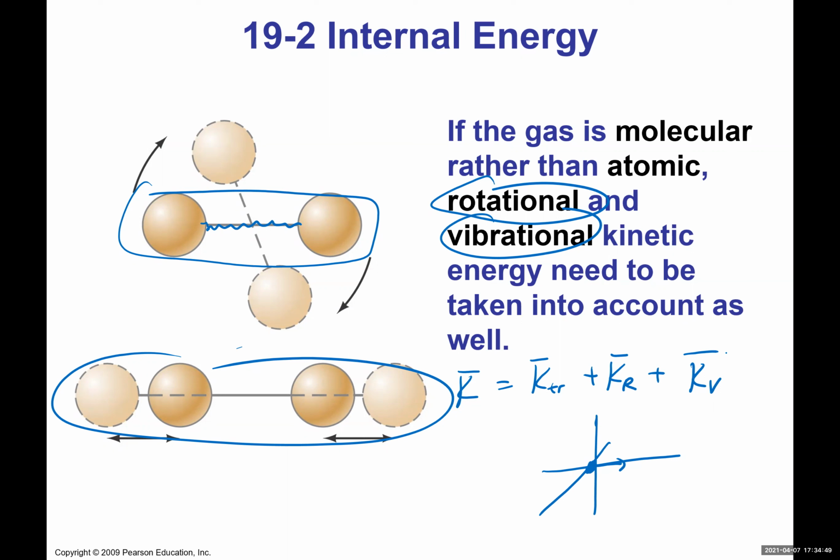We call them degrees of freedom. So if you know that you're dealing with a molecule, then you have to understand that there's also rotational and vibrational kinetic energy that needs to be taken into account.